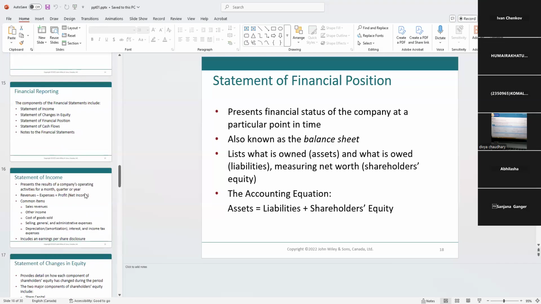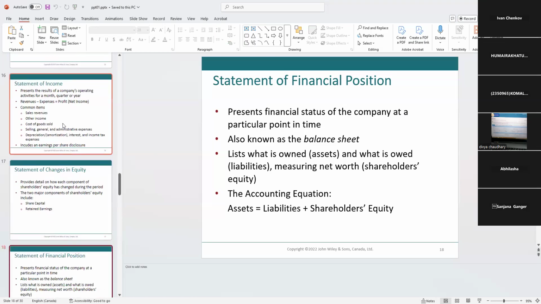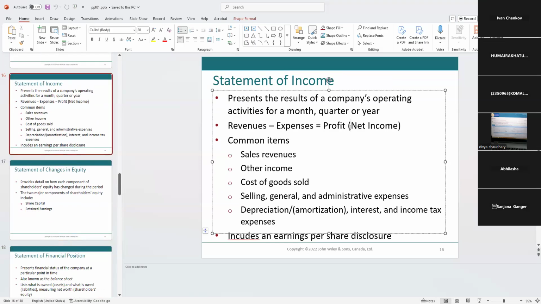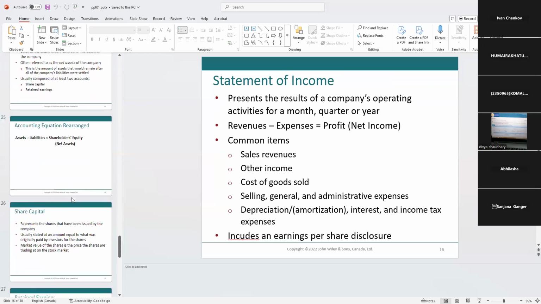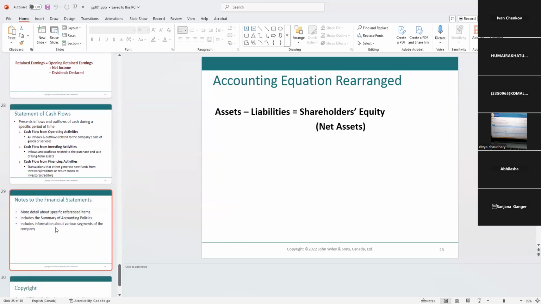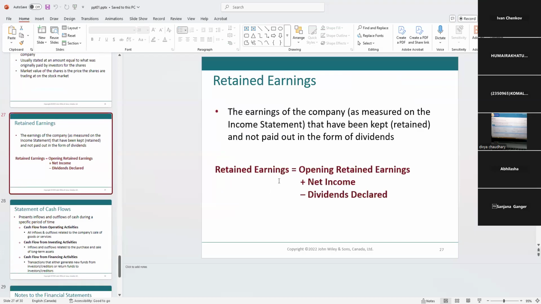So again, the difference between net income and retained earnings: net income is simply revenue minus expenses, whereas the retained earnings, as you can see here, include the net income plus the retained earnings from the previous period, minus the dividend. So in order to calculate the retained earnings, first you have to calculate the net income for the year.